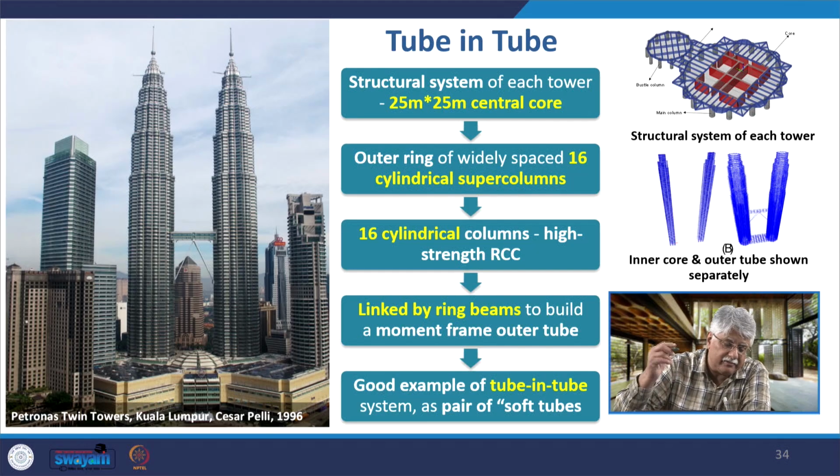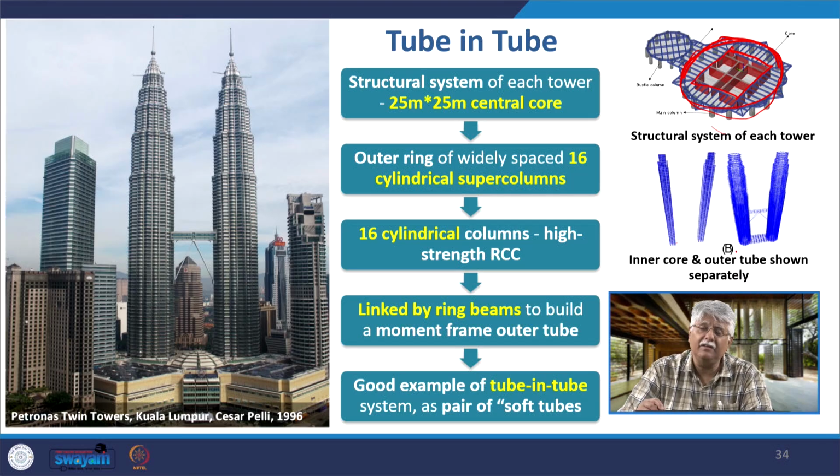The structural system of each tower: in each tower there is a central core of 25 meter by 25 meter. There is then an outer ring in which 16 widely spaced cylindrical super columns are placed.